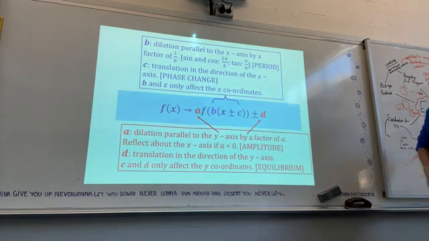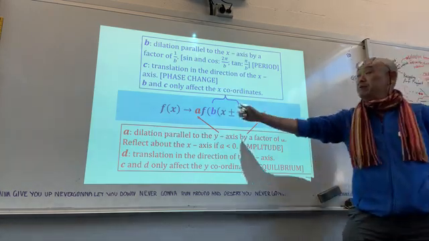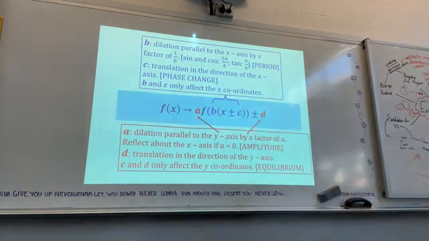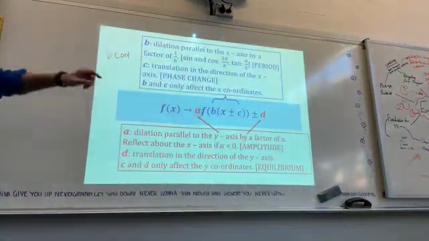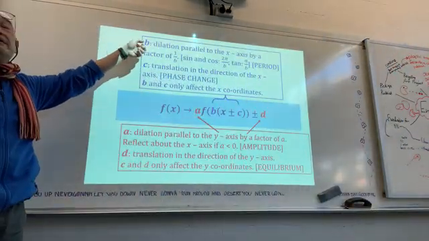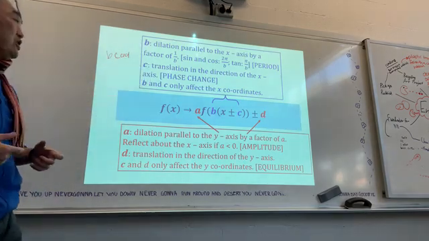Before I finish off, I really want all of you to think about the BCAD. Important, always we are doing BCAD, always in terms of the x coordinate first. Think about the dilation. The dilation is 1 over b, and then the phase change.